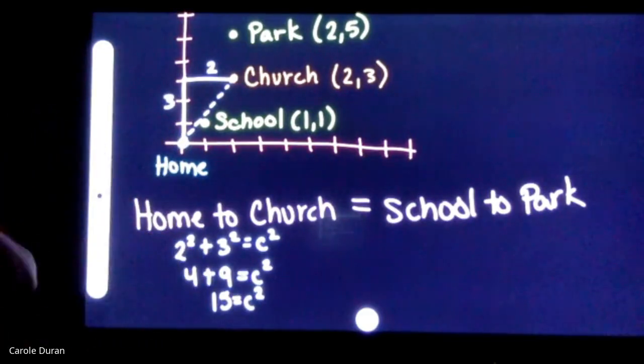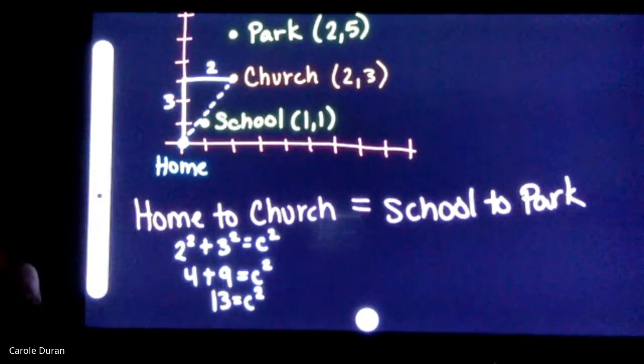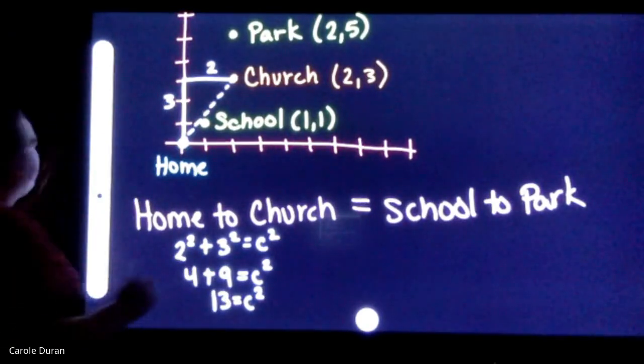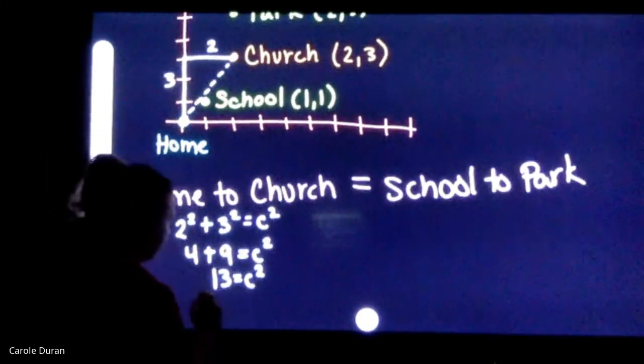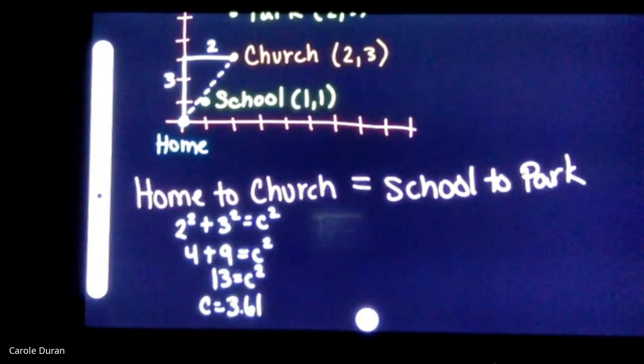To find c then, I'm going to square root both sides, and I get that c is equal to approximately 3.61. Okay, so that means the distance from her home to the church is 3.61 units.